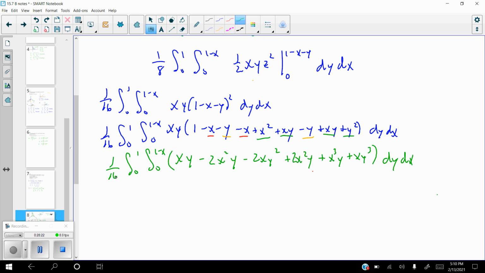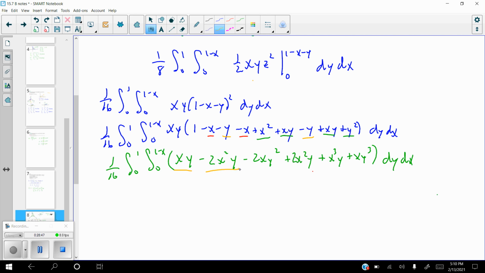So how am I going to do that? Well, if we think in terms of grouping, what can we group together here? I've got a bunch of things that have some kind of form of xy in them. So maybe I'll take this term, I'll take this term.